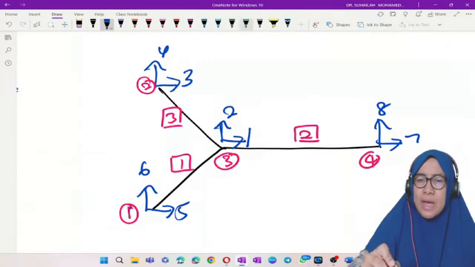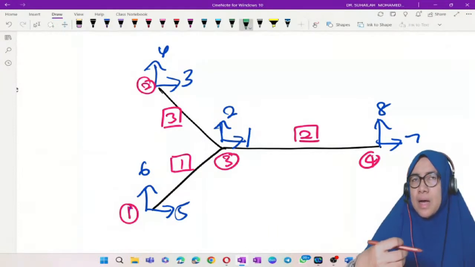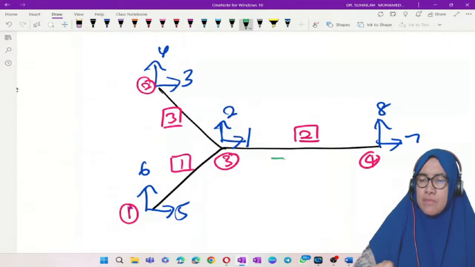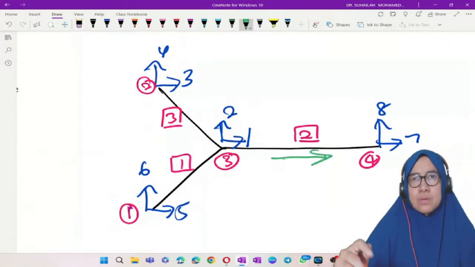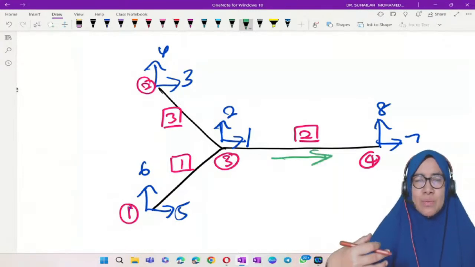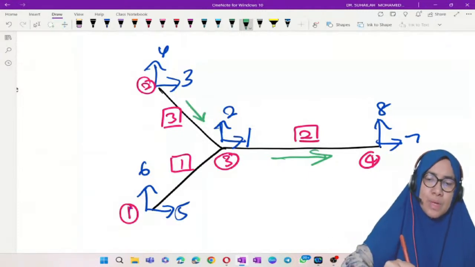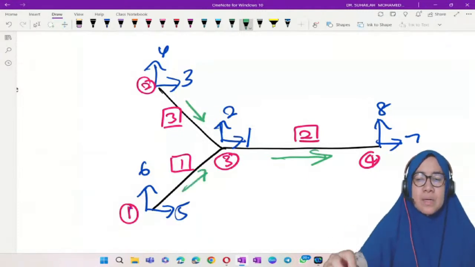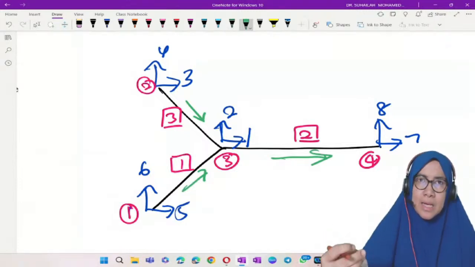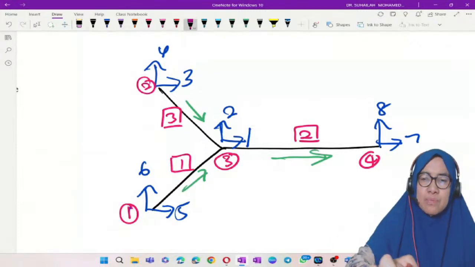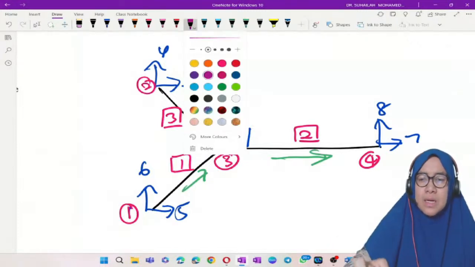And don't forget we have to put an arrow for each element. So let's say it is like this. The arrow we can put in any direction that we like. Okay, and last we have to put the coordinates.